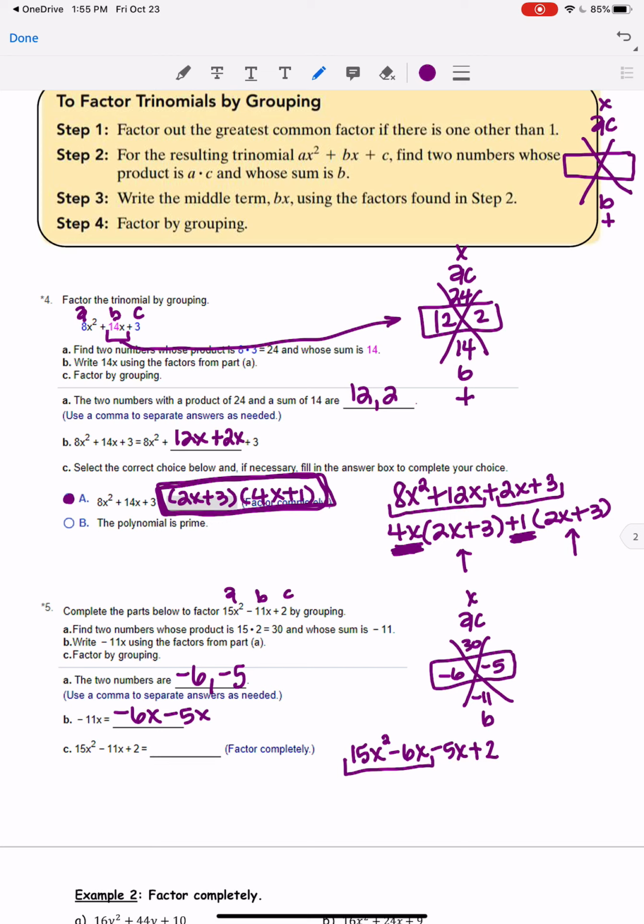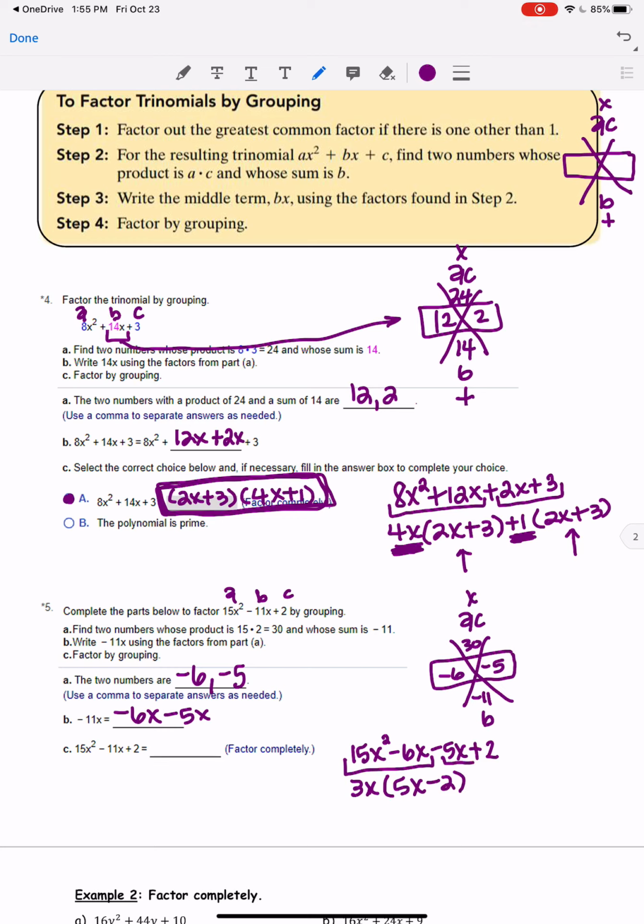That's going to be 3. You've got an x squared and an x, so I can take out an x in both of those as well. That's always going to happen: you're going to take out an x in the first one. 15 divided by 3 is 5. x squared divided by x is x. Negative 6 divided by 3 is negative 2. And then those x's cancel.